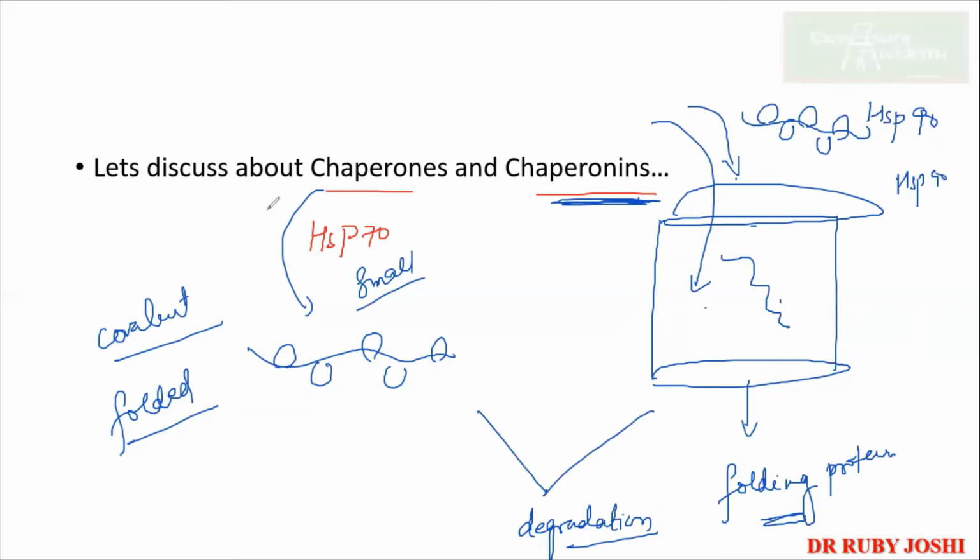Example, HSP70 is a chaperone; the chaperonins are GroEL and GroES. We'll come to that. This is like a container with a lid. The moment the protein enters, the lid gets closed. It makes sure the protein is getting folded and then comes out. Did you get the difference now? Both are responsible for proper folding of the proteins.